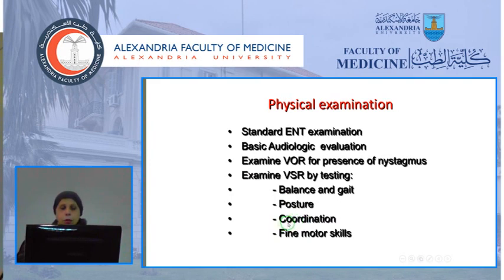And if you coordinate between head and finger-nose test, or the fine motor skills, these are the cerebellar actions that we want to circumscribe and know how they influence the balance and gait and posture.